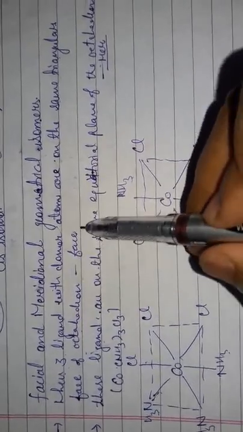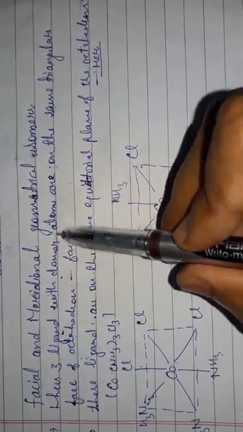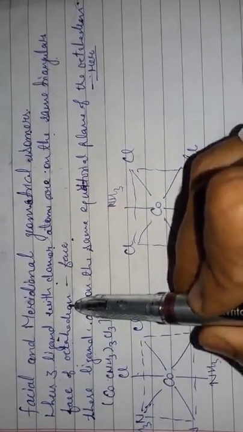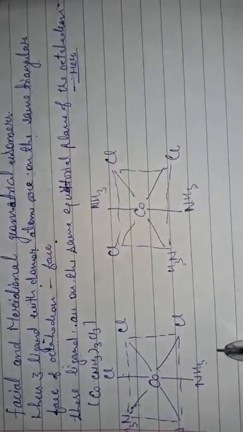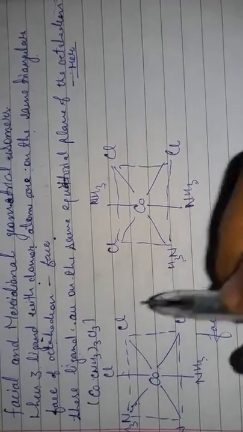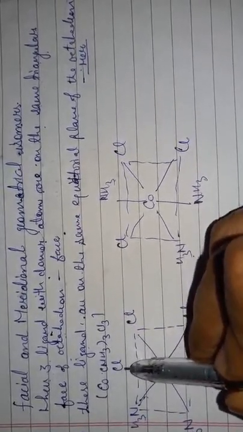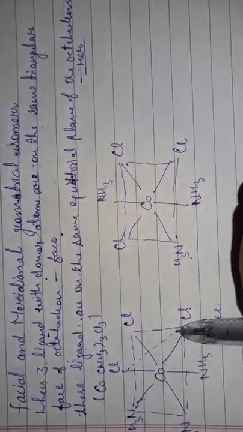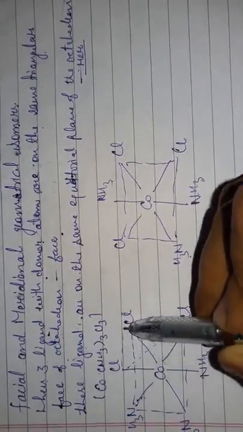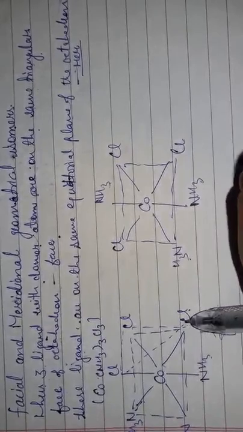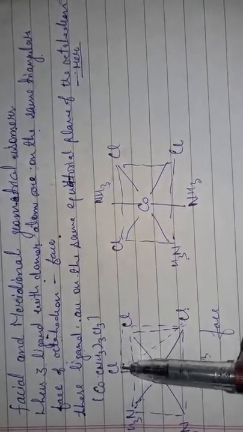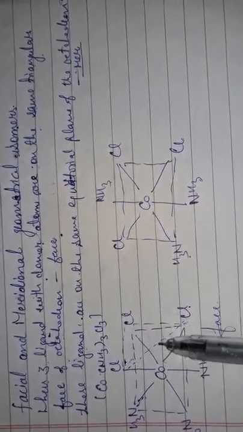So under the fac statement, when the three ligands with donor atoms are on the same trigonal face of the octahedral complex, that is the fac isomer. So here the chlorine is present in a trigonal, basically a triangular planar structure.